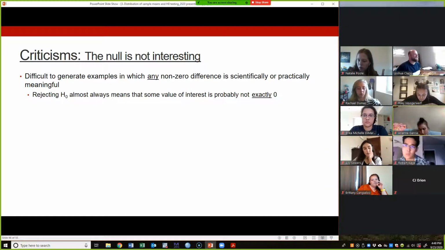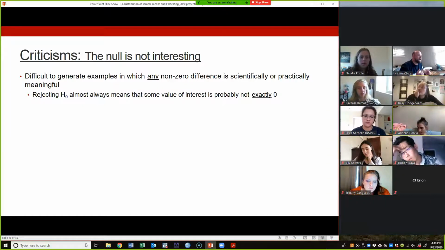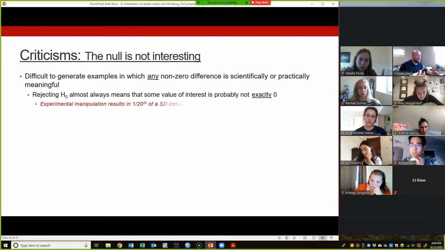It doesn't matter how infinitely small the difference is, as long as there's a difference that makes me happy or is meaningful to some degree, right? When we're doing our hypothesis testing, almost always when we reject the null hypothesis, when we find a significant effect, it just means that A is not equal to B, or that the association isn't exactly zero. This isn't interesting or meaningful, okay?